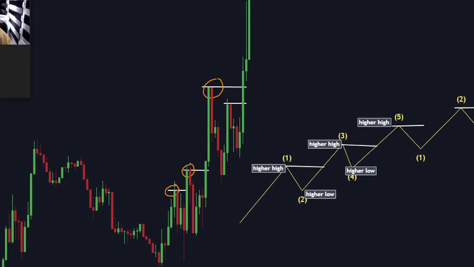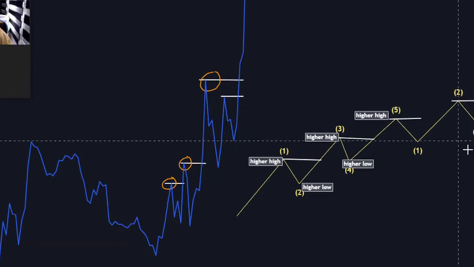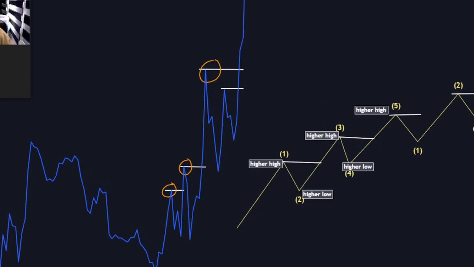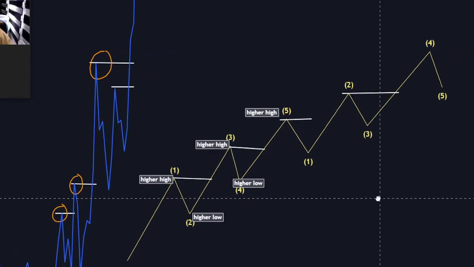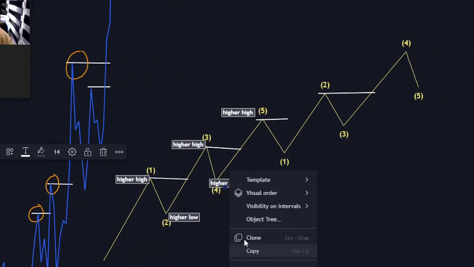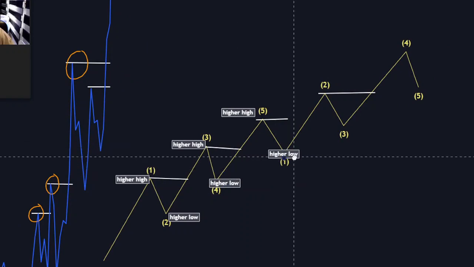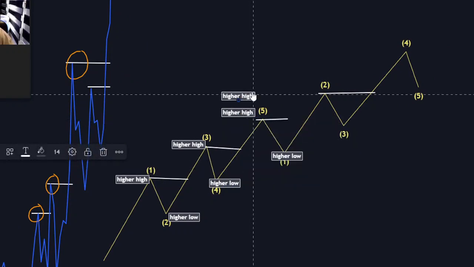So yeah, that is the line chart. Okay, now let's say we were going up, making higher highs and higher lows.